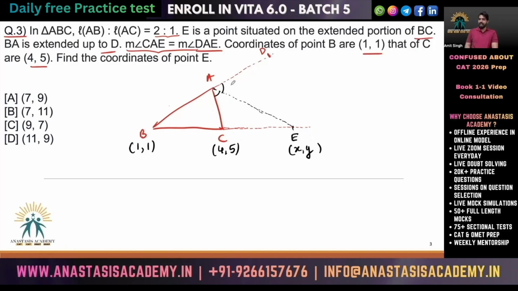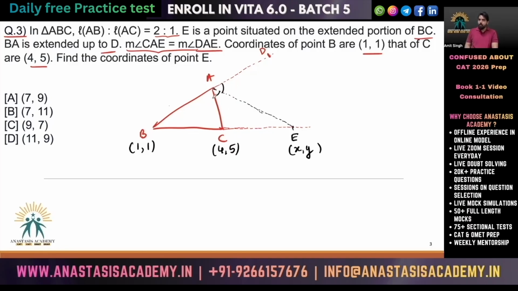If you know the angle bisector theorem, the external angle bisector theorem, it says that the ratio of sides would be equal to, let's say, this angle CAD is the external angle and it is bisected.